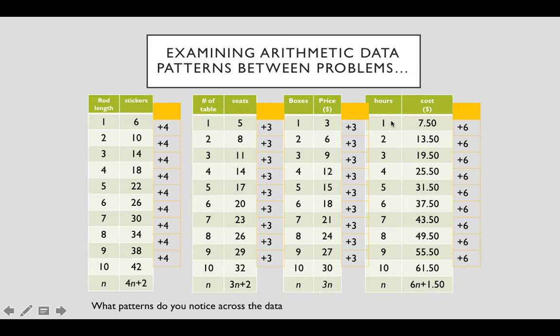And every time the number of hours increased by 1, the cost of the boat rental was increasing by 6. So I want you to think about the patterns between the recursive numbers that we see here, and how they may relate to the closed formulas, the explicit formulas that we see here.